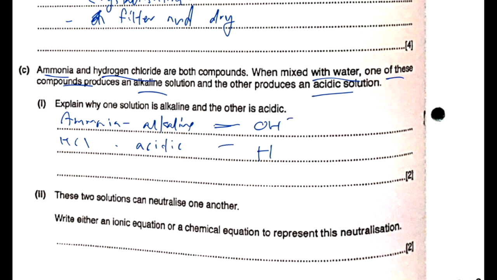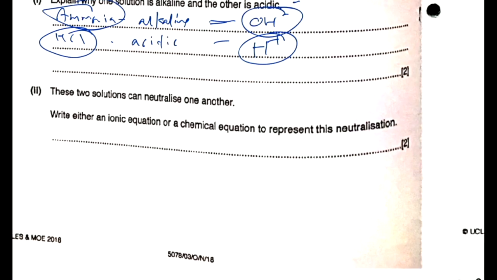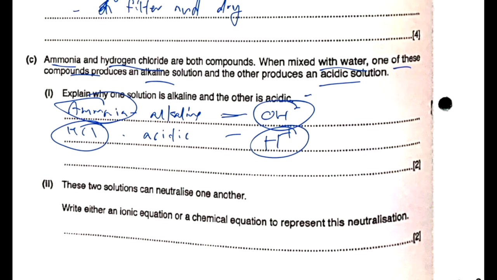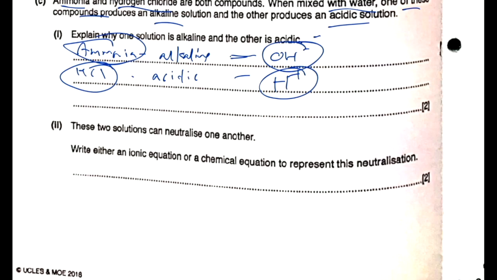Acidic is the H plus ion. So when ammonia is mixed with water, it releases the OH minus ion, which is alkaline. If HCl is mixed with water, it releases the H plus ion, which is acidic. Just remember, OH minus is always alkaline, H plus is acidic.